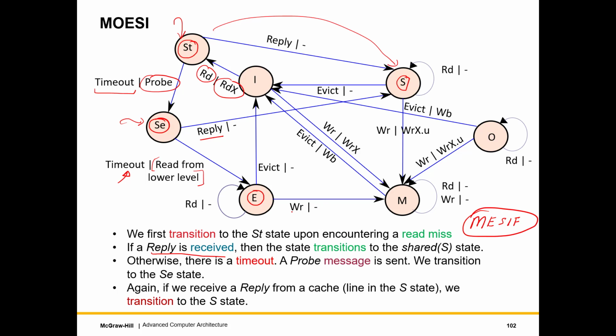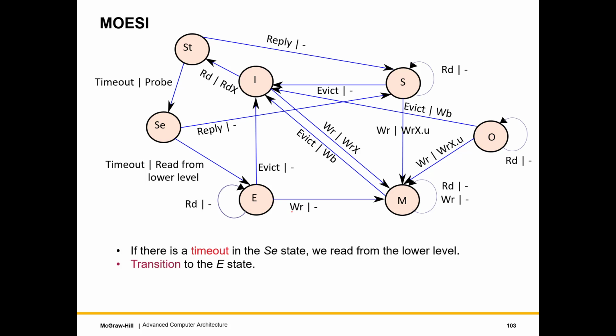I'll not describe it, but you can take a look at it in your free time. All right. As I have said, if there is a timeout in the SE state, we read from the lower level and we transition to the E state. So this completes our description of the MOESI protocol with a write invalidate flavor.